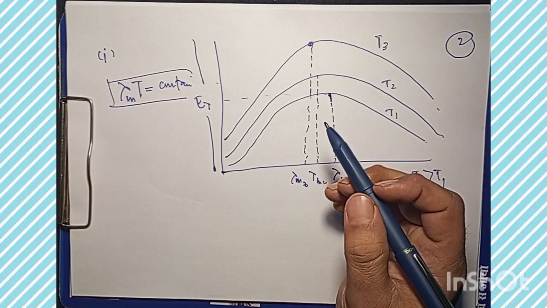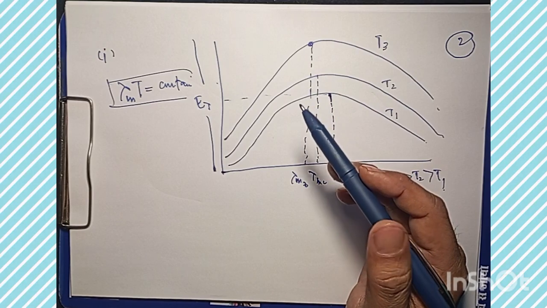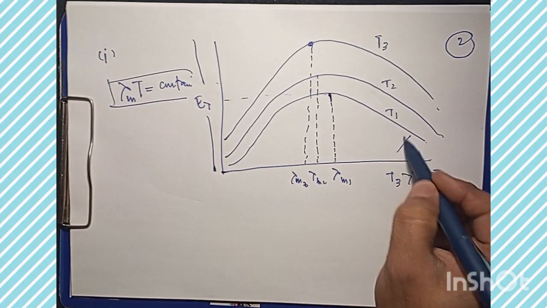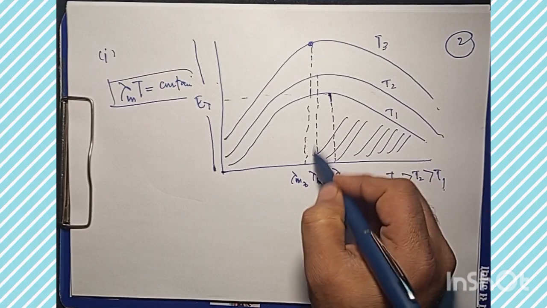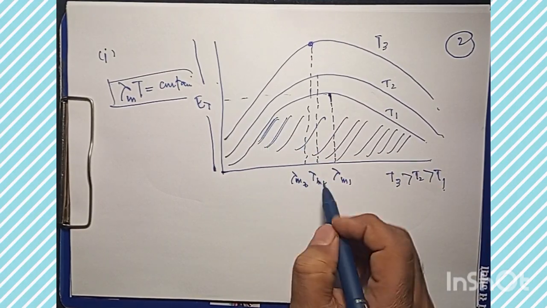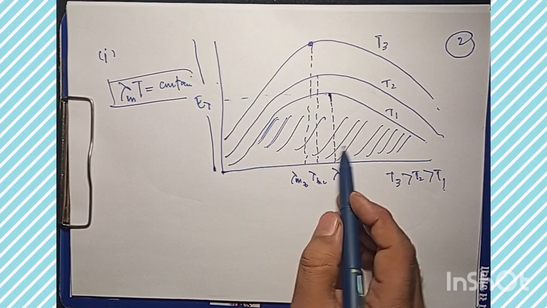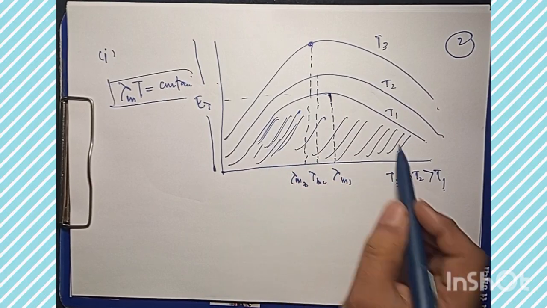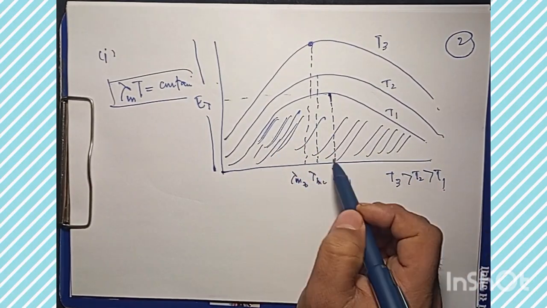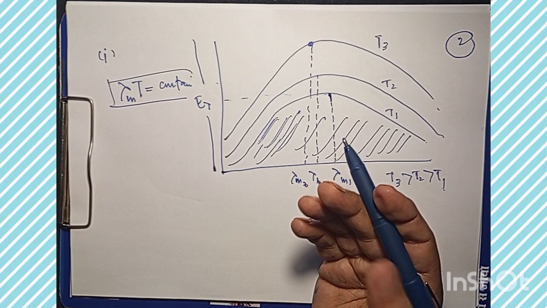What does it mean here? It is found that this area, suppose I take T1, the area of T1, is directly proportional to the fourth power of the absolute temperature. What I said before is that the area covered by this curve gives us the measure of energy emitted by the black body.